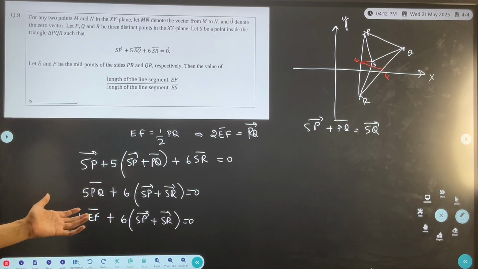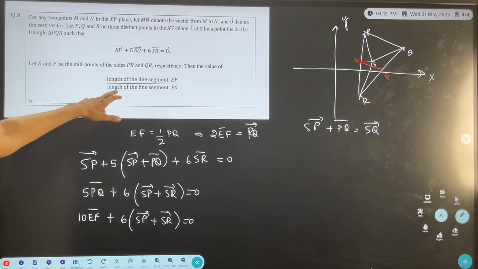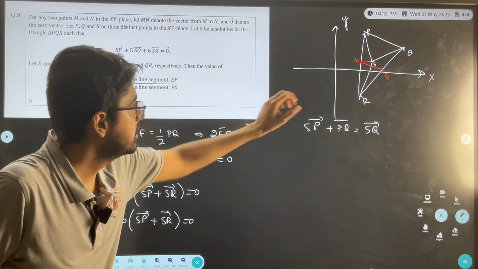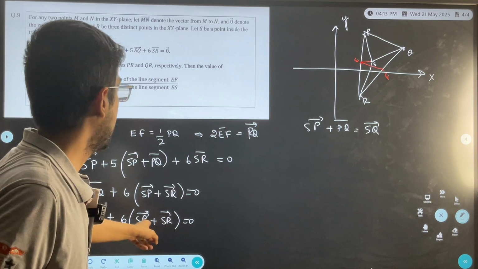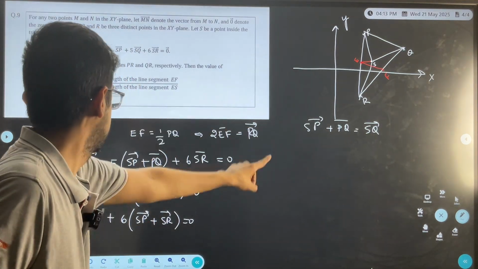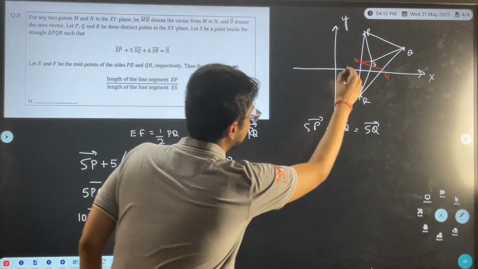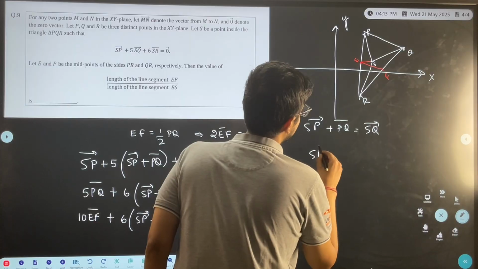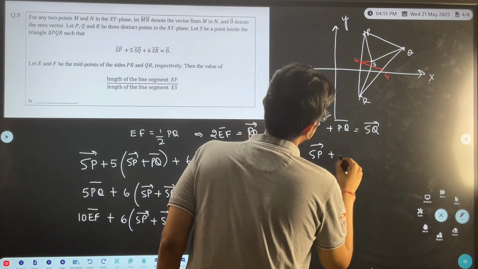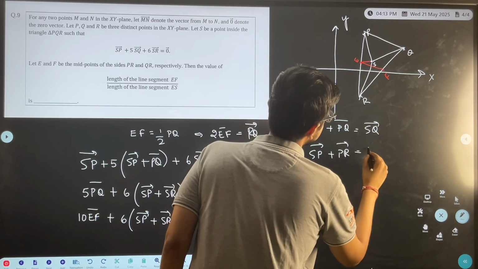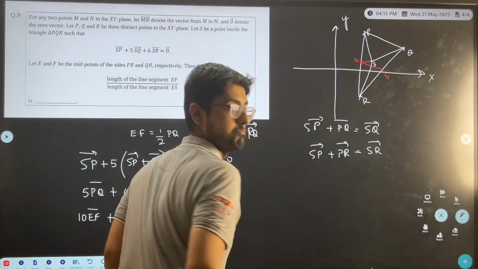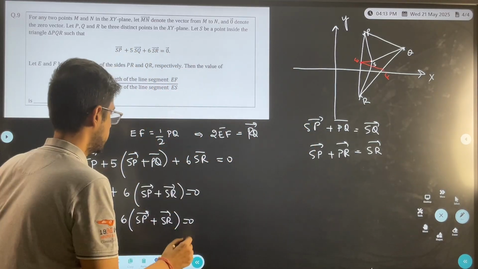Now, our next step will be to push PS into the expression. Now, I know SP, I can write from triangle law SP bar plus PR bar is equal to SR bar. Let's put this here.